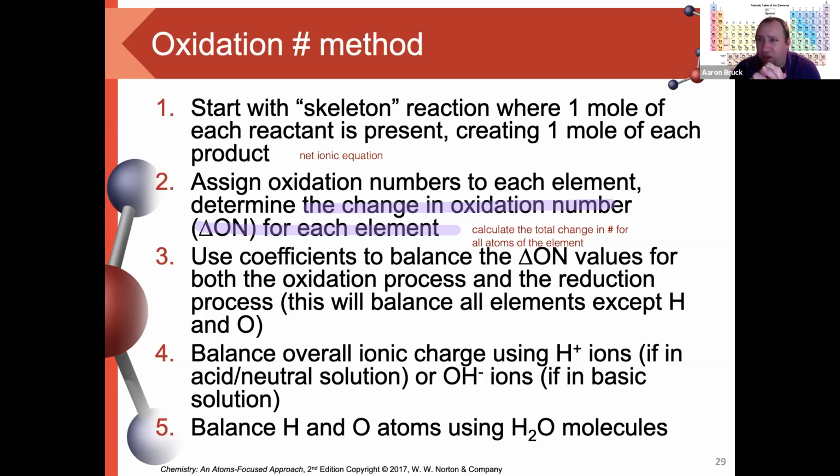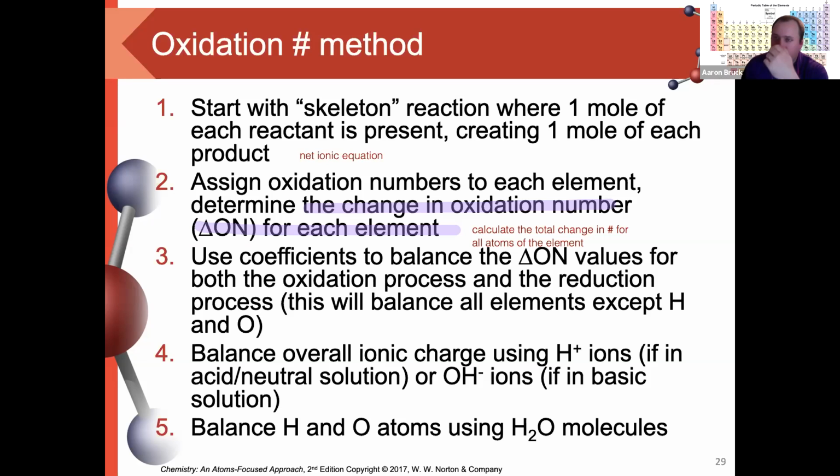And more often than not, we can base it on the hydrogens. So, you know, if I add 12 hydrogen ions to the product side, I'm going to need to add 6 waters to the reactant side to give me those 12 hydrogens back. It's usually something along those lines. It's pretty intuitive. And that's it. That's the entire process. It all fits on this one slide.